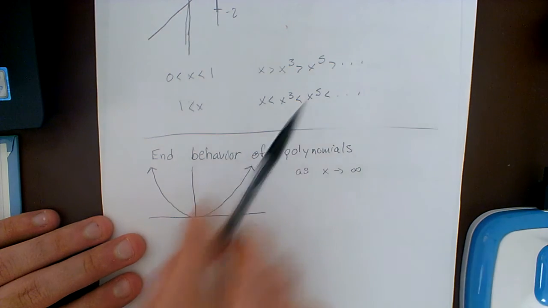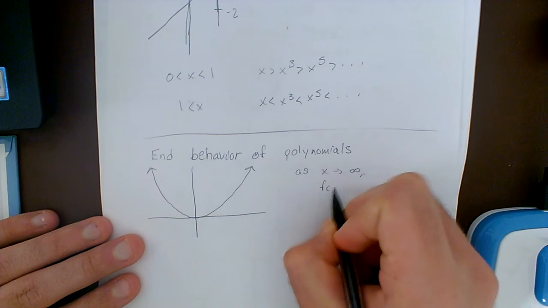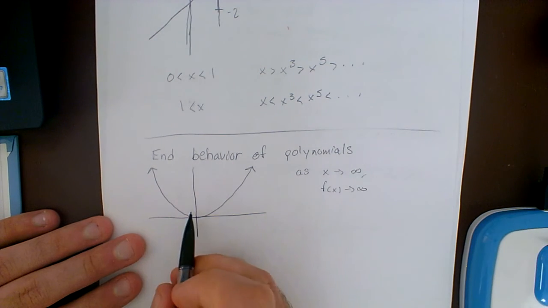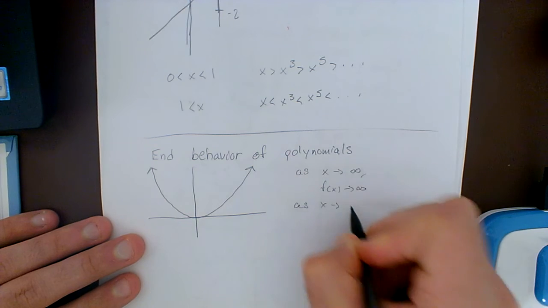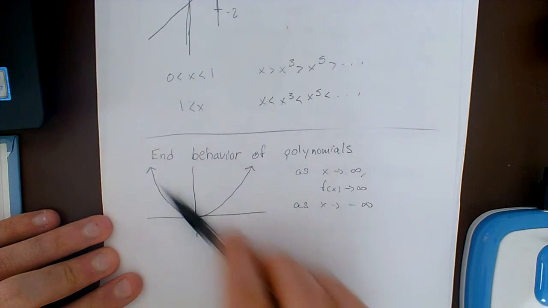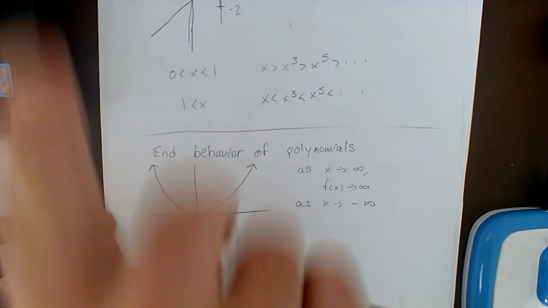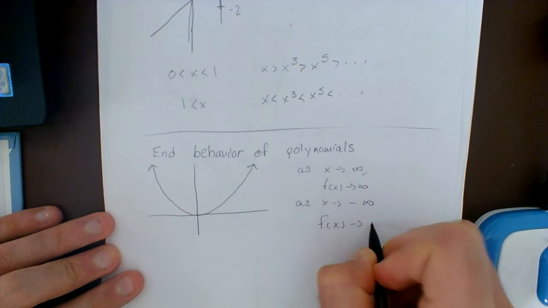The trend is that y is going up towards infinity. So this one would be f of x goes to positive infinity for this graph. Then we want to look at the other end, as x goes to negative infinity. Our polynomial still is going up in the positive direction. So f of x goes to positive infinity.